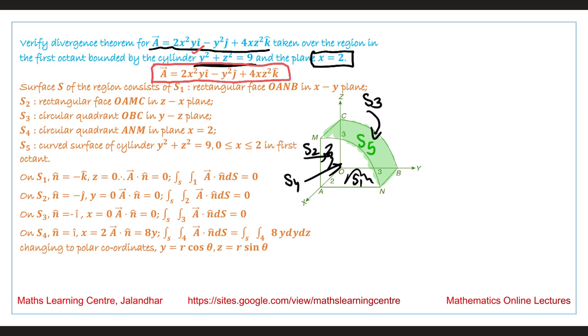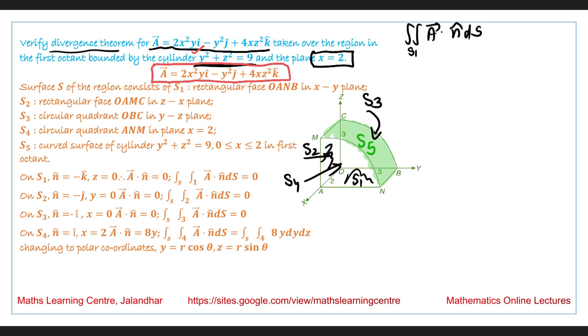So to verify the Gauss divergence theorem, we calculate the value of the double integral of A vector dot n cap into ds on the surfaces S1, S2, S3 and S4.